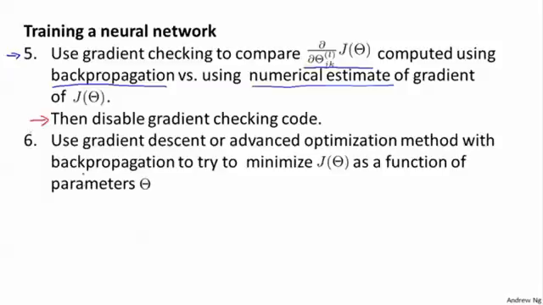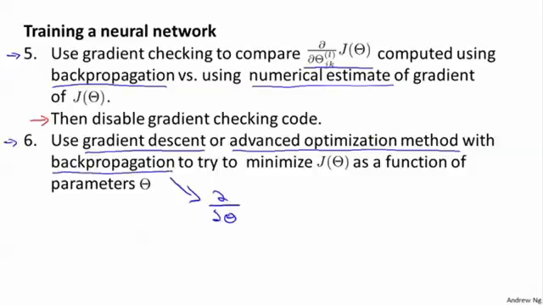And finally, we then use an optimization algorithm such as gradient descent, or one of the advanced optimization methods such as LBFGS, conjugate gradient, as embodied in fminunc, or other optimization methods. We use these together with backpropagation. So backpropagation is the thing that computes these partial derivatives for us. And so we know how to compute the cost function, we know how to compute the partial derivatives using backpropagation.